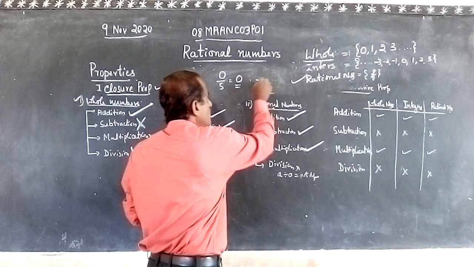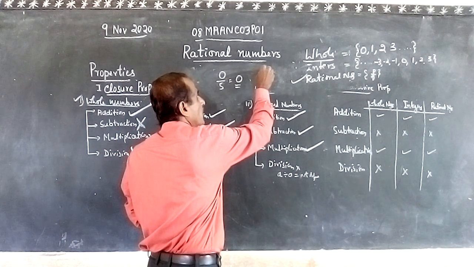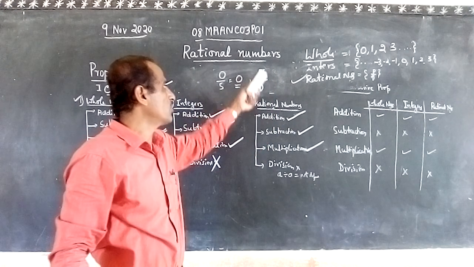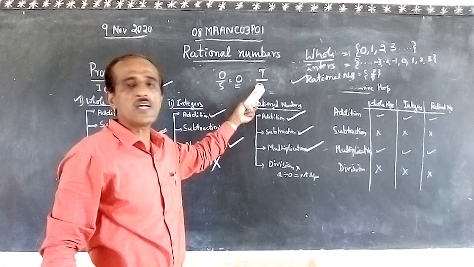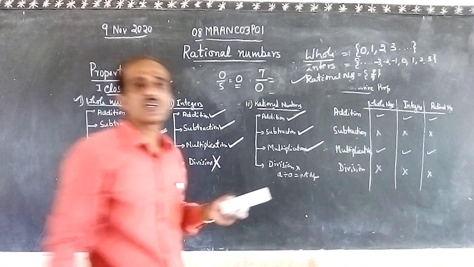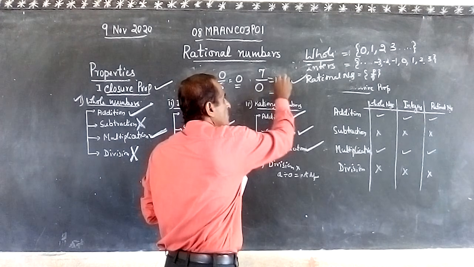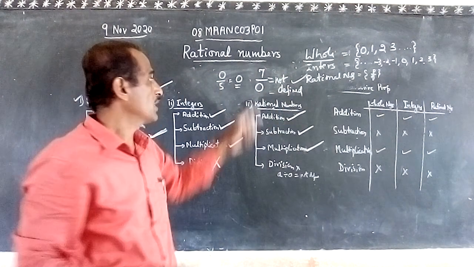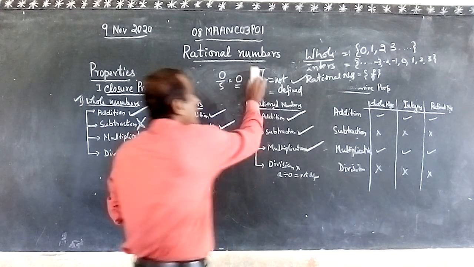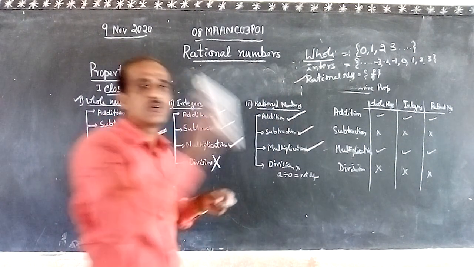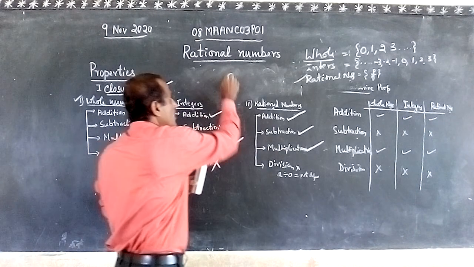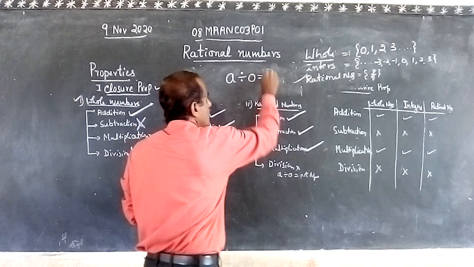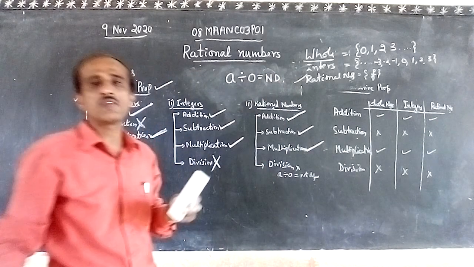But if 0 is in the denominator and any number in the numerator, whatever it may be, for example 7 or minus 7, positive or negative, there is no specific answer. The answer is not defined. Remember, if 0 is in the denominator, the answer is not defined. In general, we can say A divided by 0 is not defined.